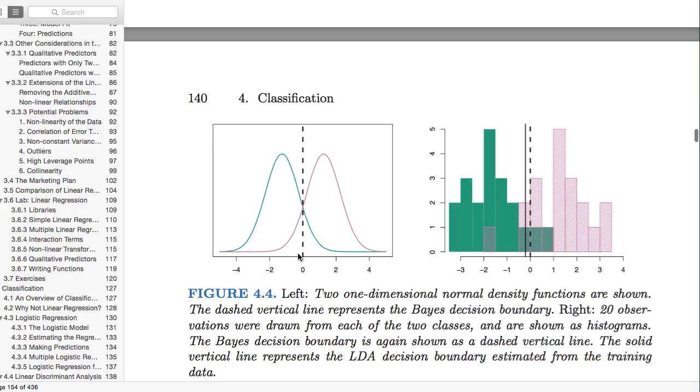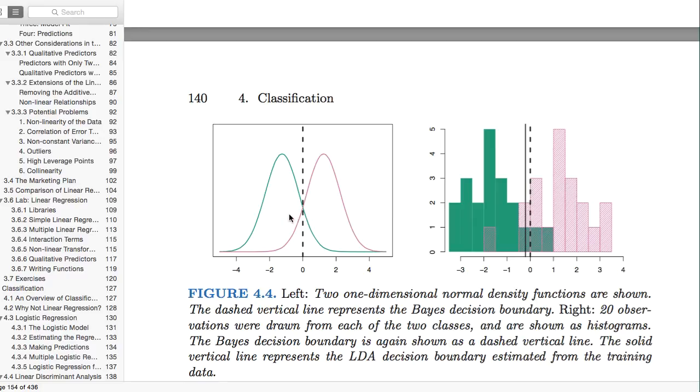And estimating that is so good that if we were right, if these two classes do both have a normal distribution, our linear discriminant analysis decision boundary, that's the solid line, is going to be extremely close to the best boundary possible, the Bayes decision boundary.